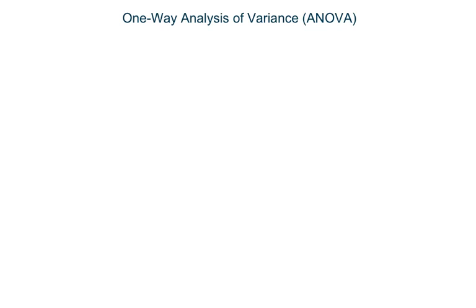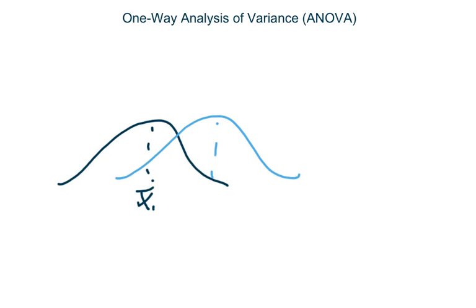So let me state it a different way. The null hypothesis assumes that our three scores, or three samples, or three groups, right? Here's sample 1, here's sample 2, and here is sample 3. Now they differ. The null hypothesis says that they differ only because of sampling error.